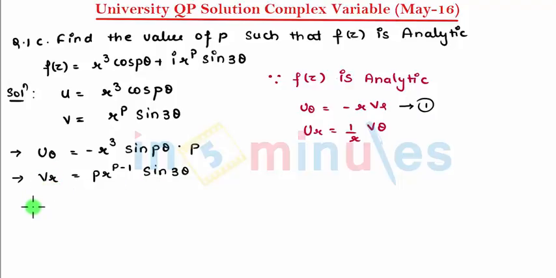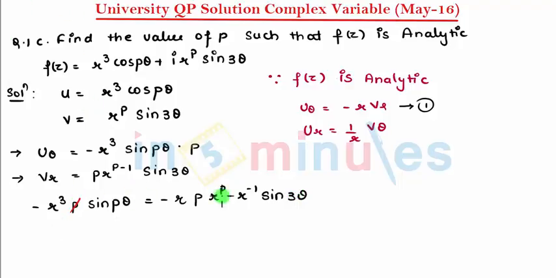So u theta is minus r cube p sine p theta, and that is equal to minus r vr, which is p r raised to p minus 1 sine 3 theta. So I can cancel out some terms: p and p get cancelled, minus and minus get cancelled.